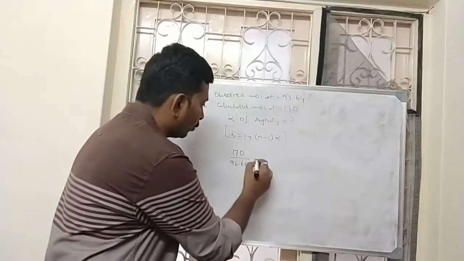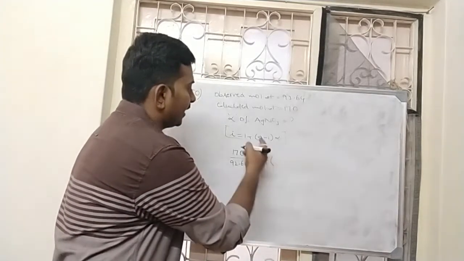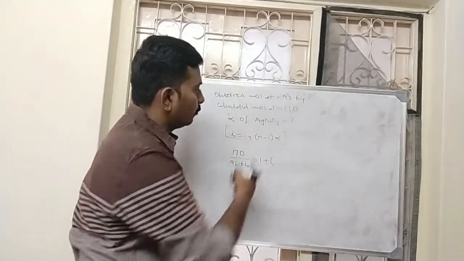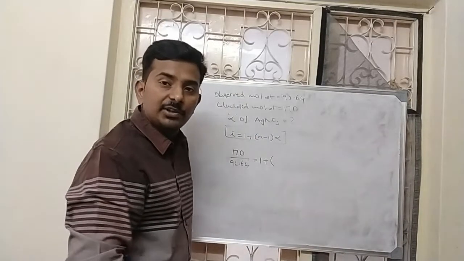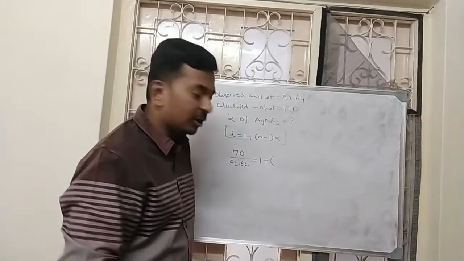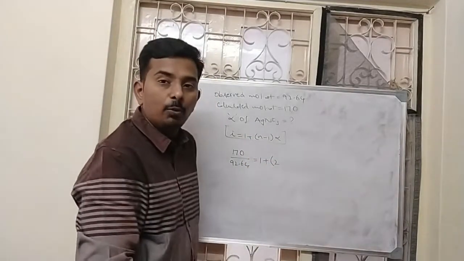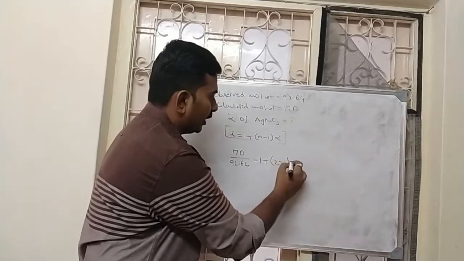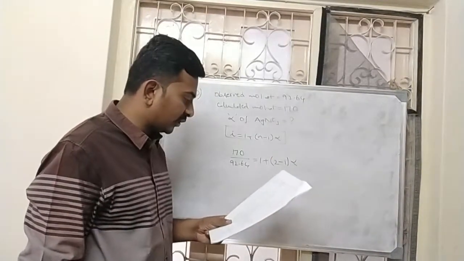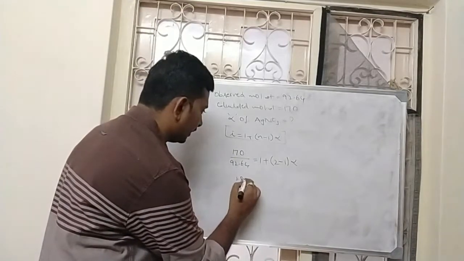That will be equal to 1 plus (n minus 1) alpha. So n is the number of ions formed assuming 100% dissociation. If AgNO3 undergoes 100% dissociation, we'll get 1 mole of Ag plus and 1 mole of NO3 minus, so totally 2 moles. 2 minus 1 into alpha we need to calculate. So 170 by 92.64 value will be 1.835.